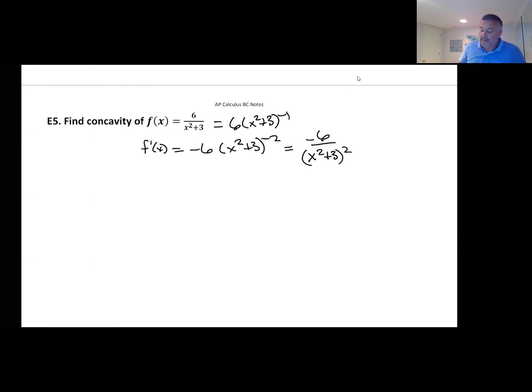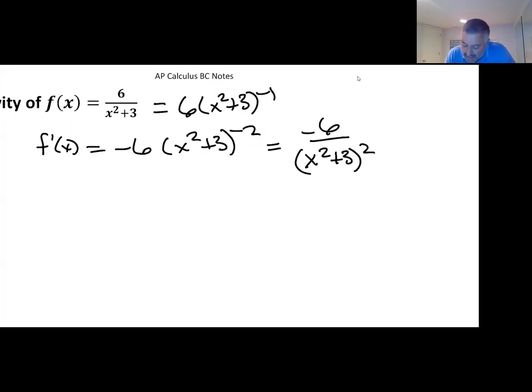Wait, don't you need to multiply by the derivative of the inside? Yeah, I forgot the chain rule, times 2x. And so we have 12x.